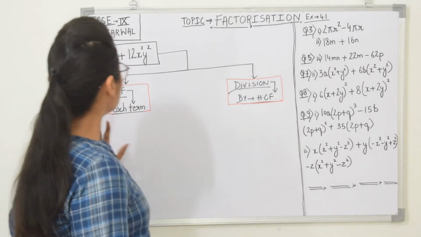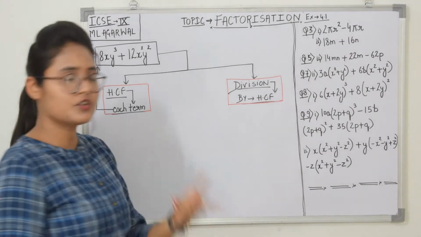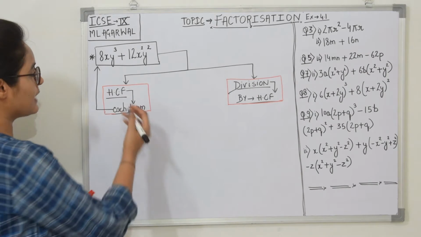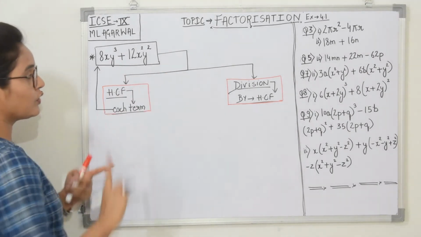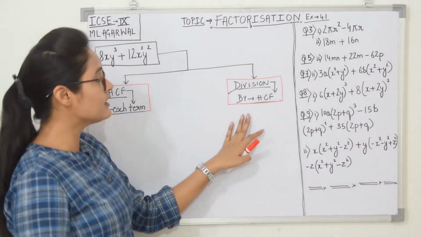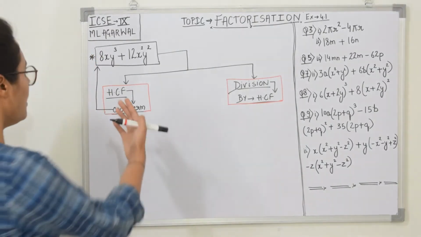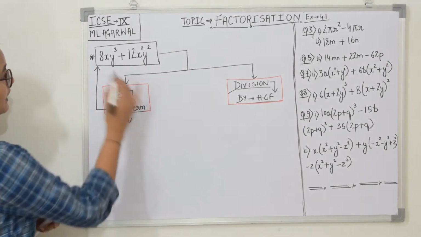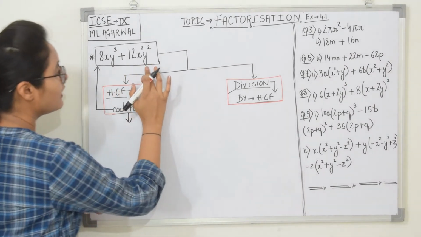Coming back to our topic, which was factorization, just a quick revision. In factorization, basically two steps were involved: calculating the HCF of each term of the polynomial, and dividing each term of the polynomial by the HCF. How we were doing this was also very clear. See, 8xy cube and 12x square y square.